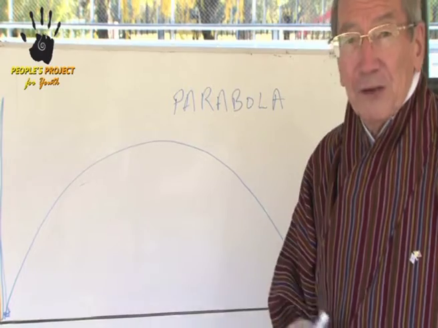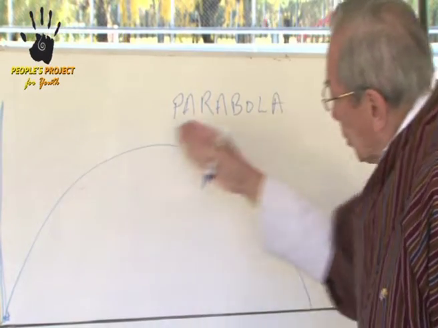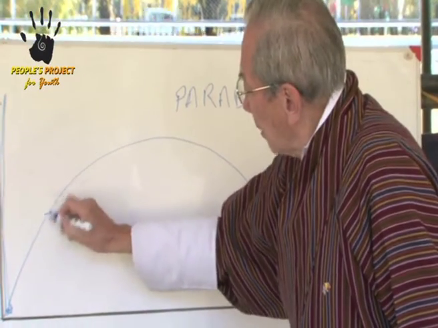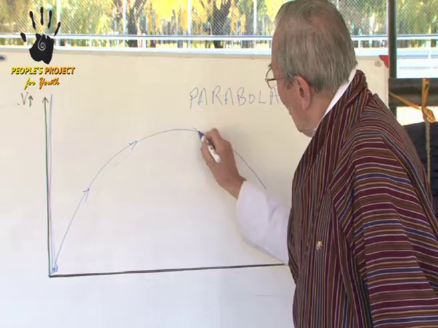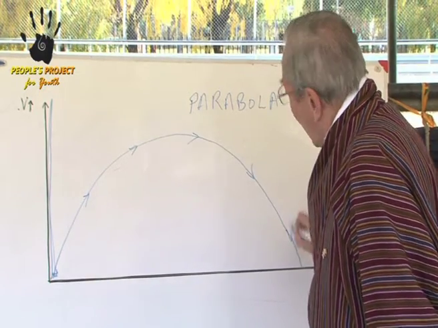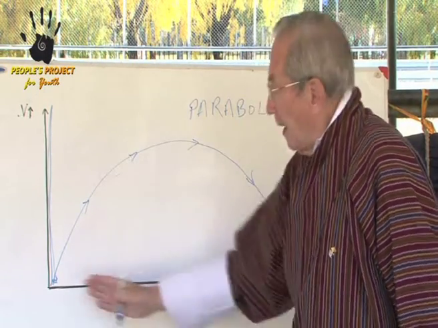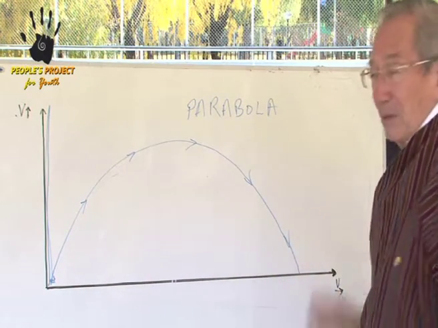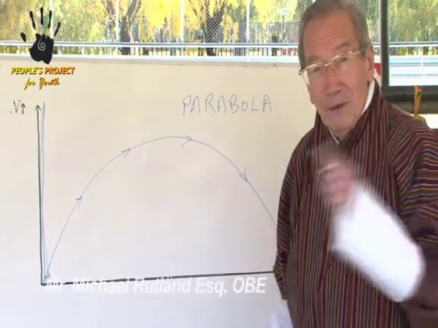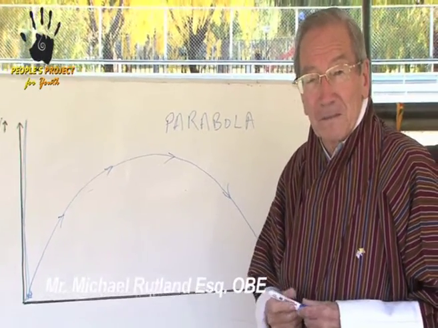But what I want to emphasize now, that curve, that movement of the ball is a combination of a vertical movement, up and down, and an along movement. Now, there's something really important to understand.